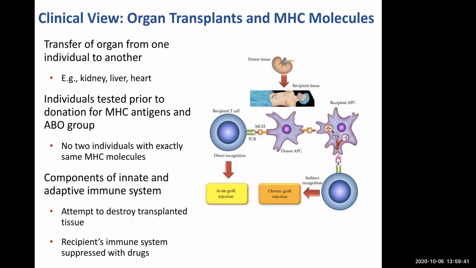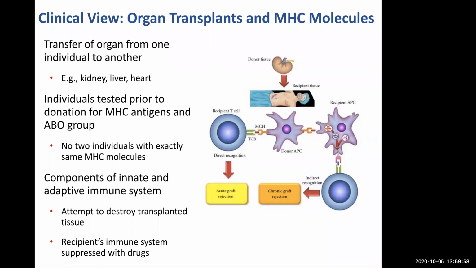So family members are going to be more likely to have MHC molecules that are molecularly closer to yours compared to a stranger, but that's not always the case.